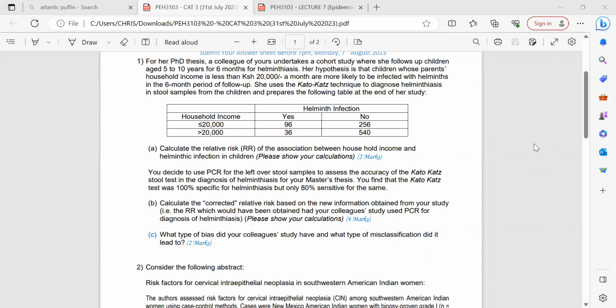We take the remaining and add it to 256. The same will happen to those earning greater than 20,000, that is for the 36 and for 540. Then we'll be able to know to what extent the relative risk changed. I think that is my take.